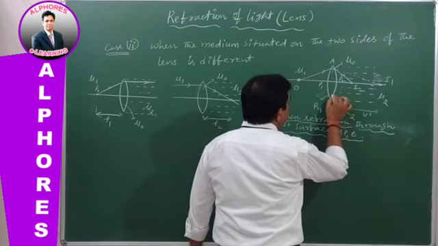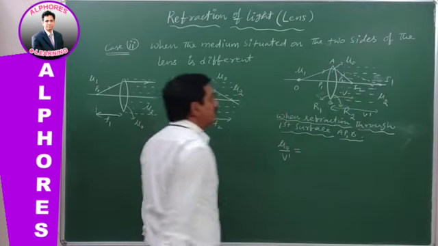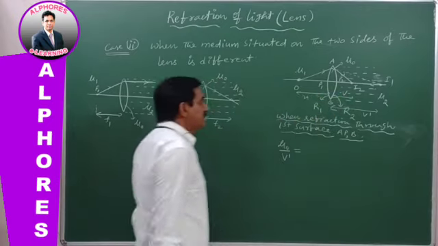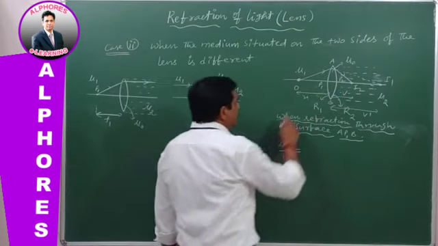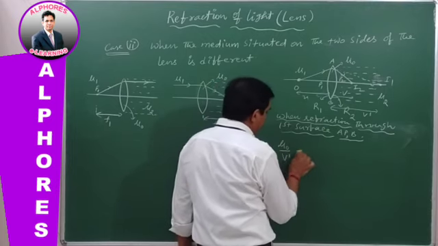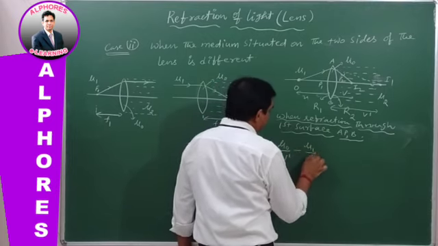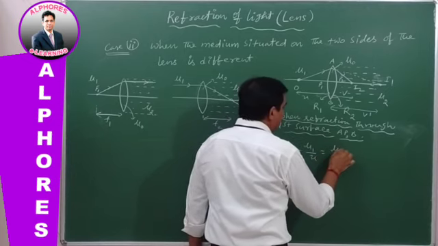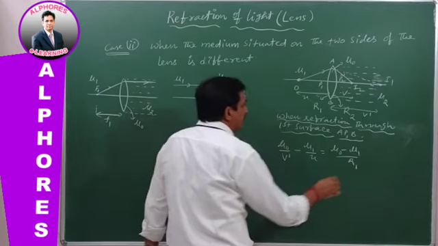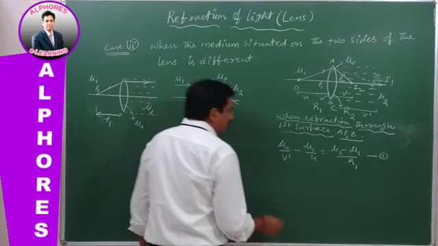This is I2, its distance is V. So that is the matter. The object distance is U, right? Therefore, for refraction at the first refracting surface, the formula is: mu naught by V dash minus mu1 by U is equal to (mu naught minus mu1) by R1. Okay? Now this is equation 1.